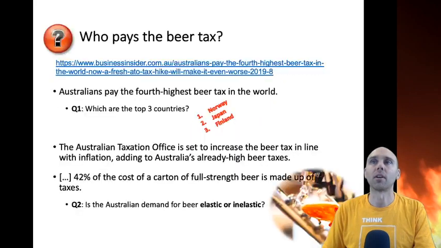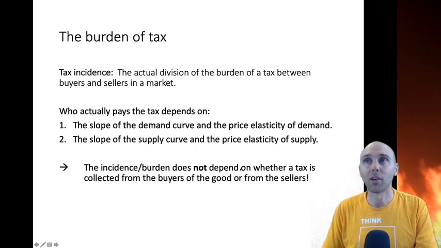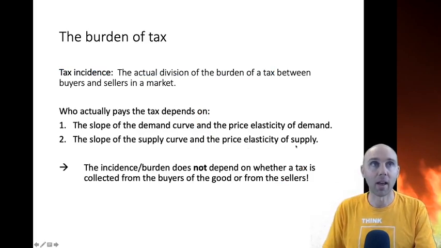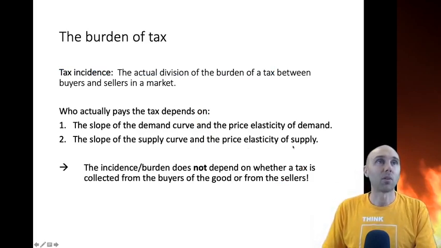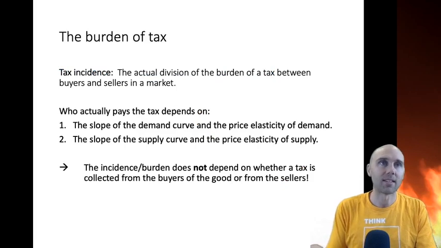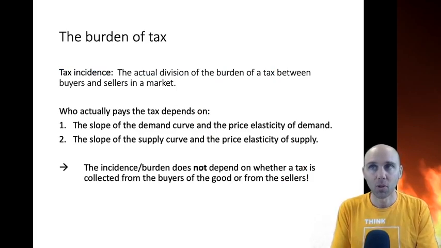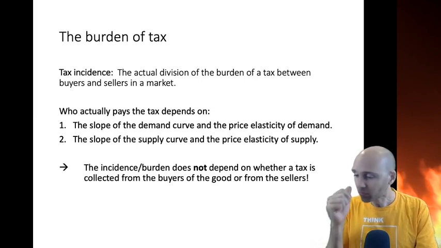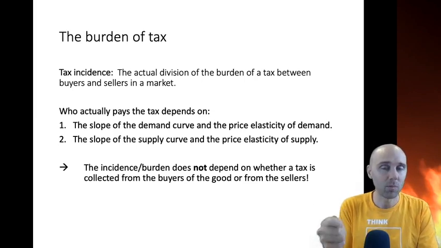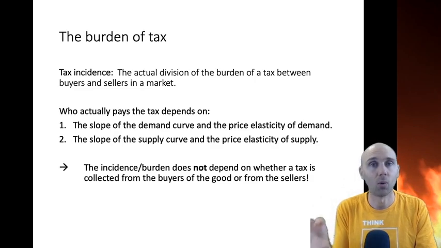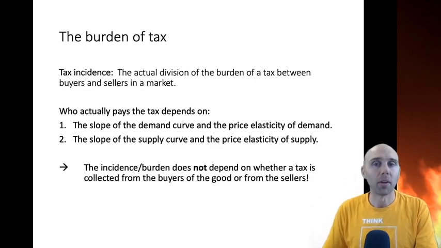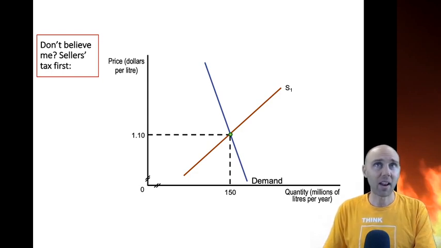And the slope of the supply curve and the price elasticity of supply. But it doesn't depend on whether the government imposes that tax onto producers or onto consumers. And that's something that's kind of strange. The government can put that same tax onto either the buyers or the sellers, but the burden will still be the same in equilibrium. Let's see how that actually works.